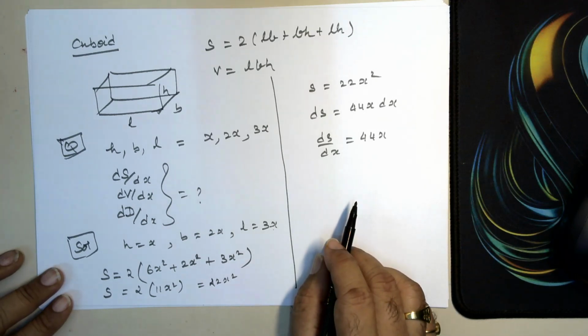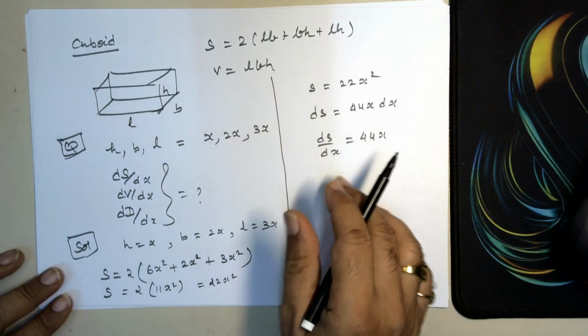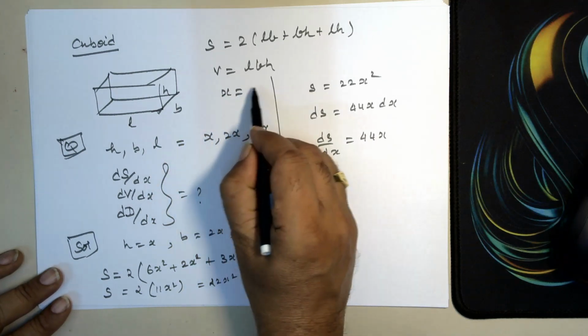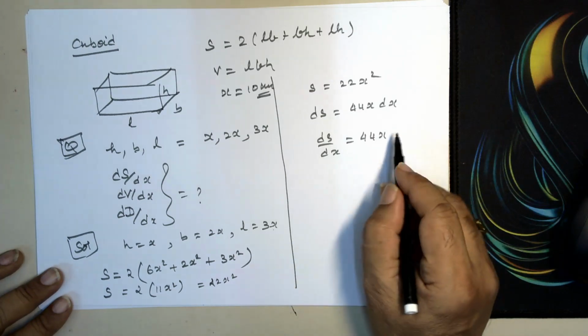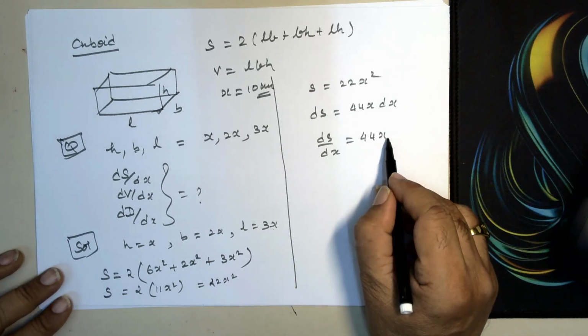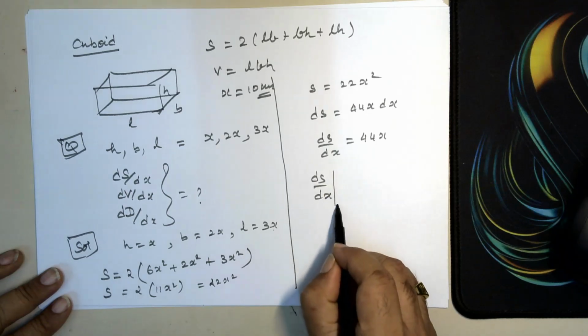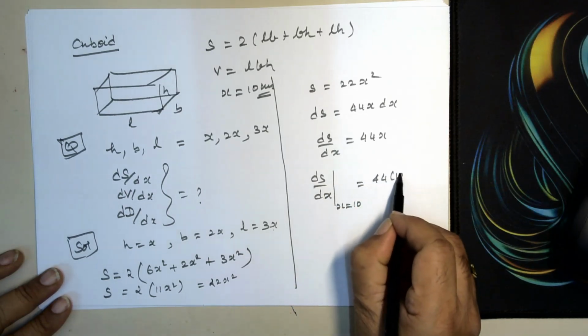Okay. Right. When x is equal to 10 centimeter. So they are given x is equal to 10 centimeter in the question. So 44 into x. So you can put dS by dx at x is equal to 10. It means 44 into 10.